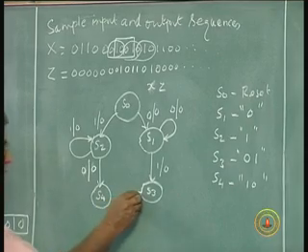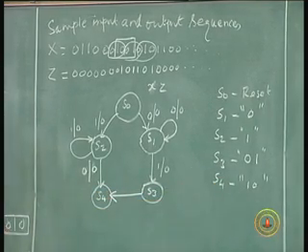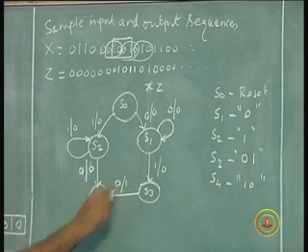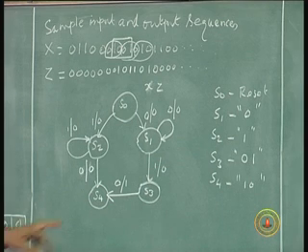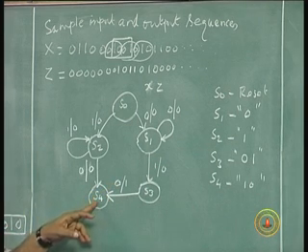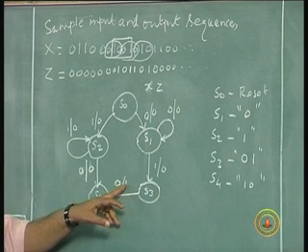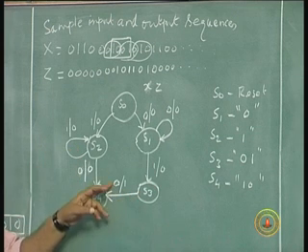So, if a 0 occurs here, go to S4 which is 1 0, but it will produce an output of 1 in this case because we had completed the pattern 0 1 0. X is 0 leading it to the 1 0 state, and the 1 is the output because 0 1 0 is now completed with this 0.